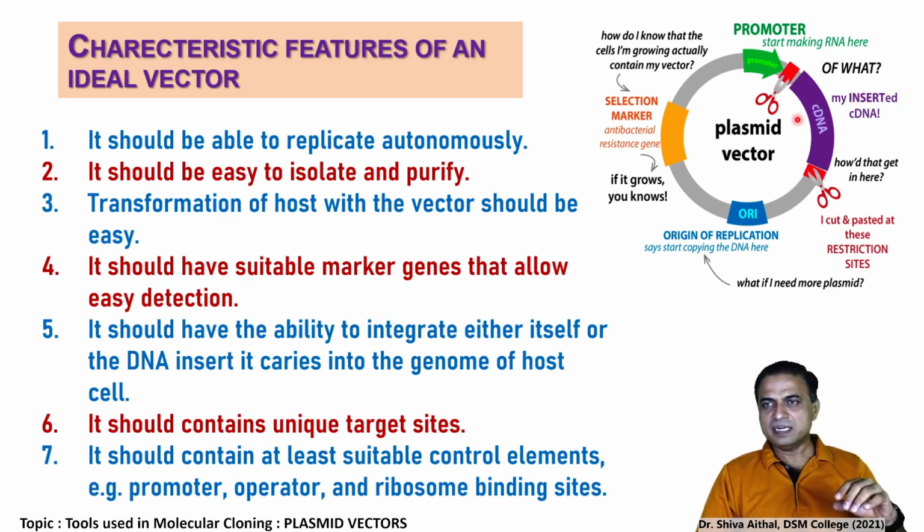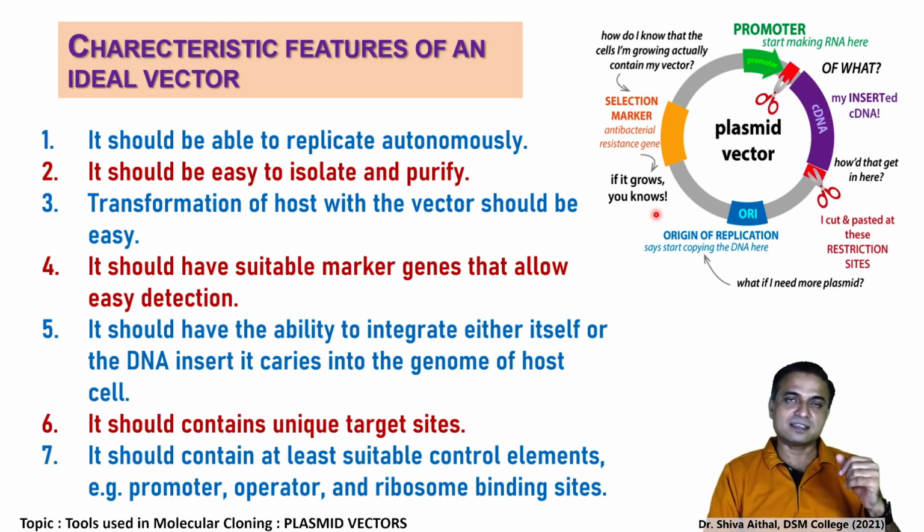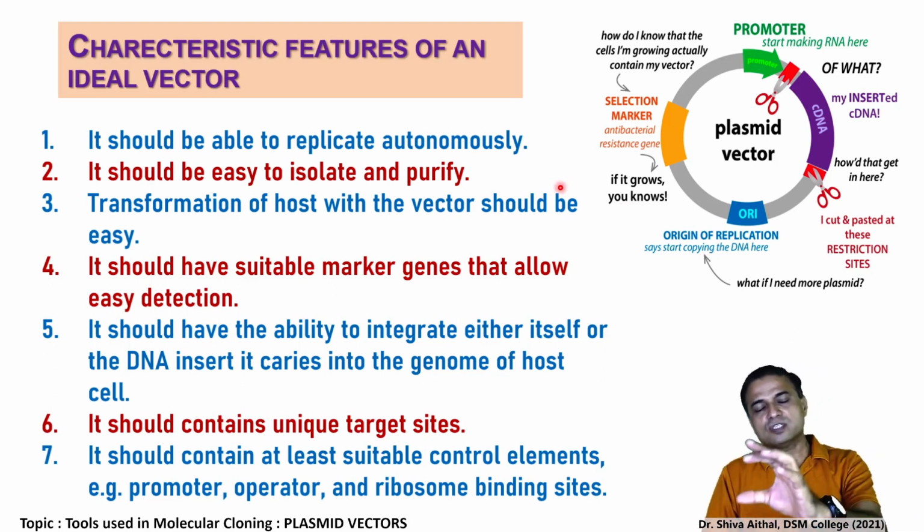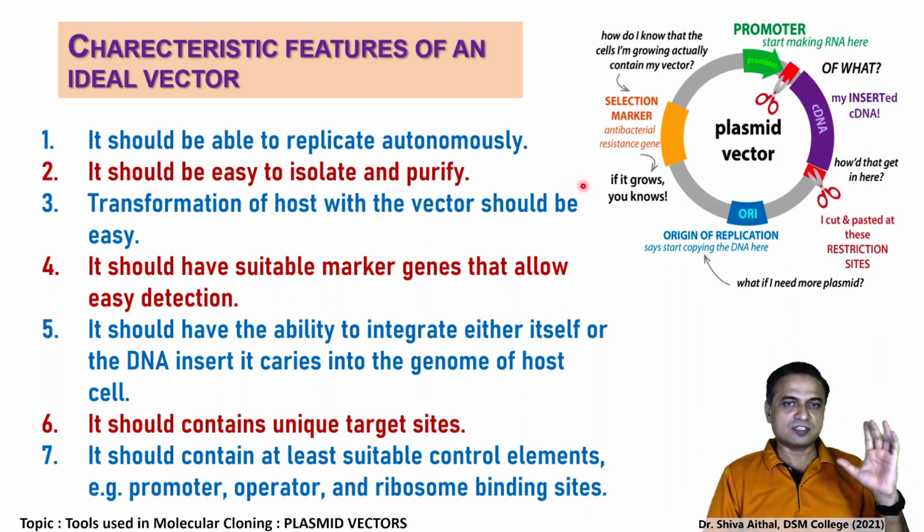If I am interested somewhere else, then this marker gene is intact. If it is for tetracycline resistance, then you can test it on plates containing tetracycline. At the end of this lecture, I will show you a process of how the marker plays a very important role. So right now, understand that a marker is a gene which is responsible for some antibiotic resistance.